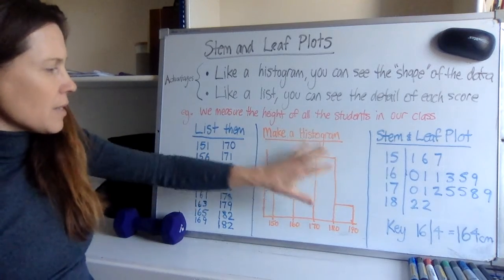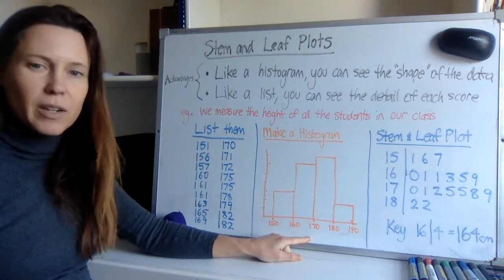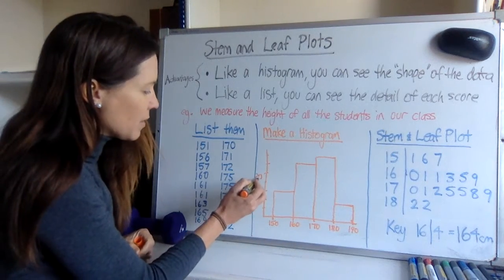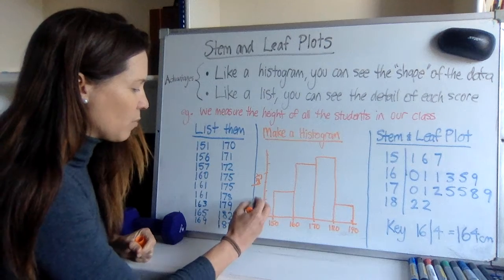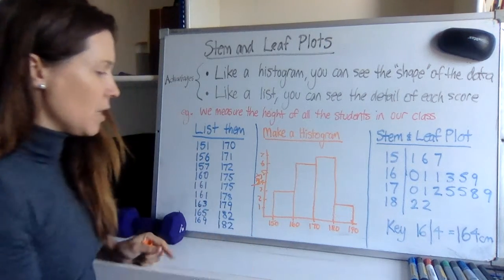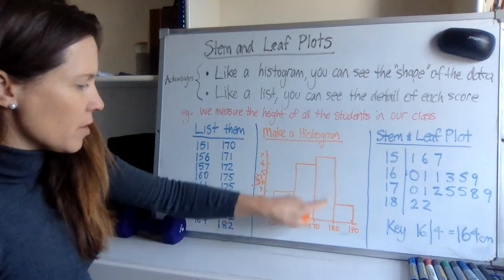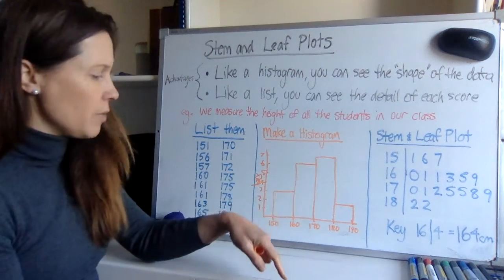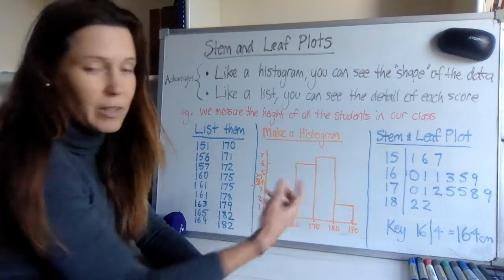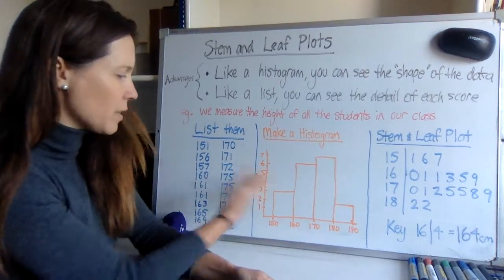So we looked last lesson at how we can make this into a histogram. Now the advantage of the histogram is that we've got the frequency down the side here, which normally I would label 1, 2, 3, I just haven't finished it, 4, 5, 6, 7. So I can clearly see here that this is the tallest column. So obviously most of the people in the class are 160 something or 170 something centimetres according to this data.